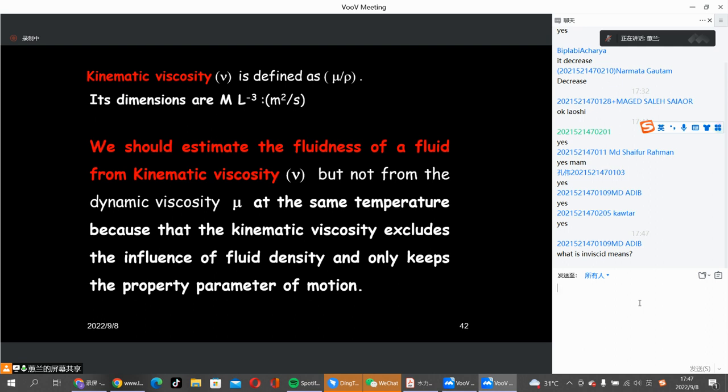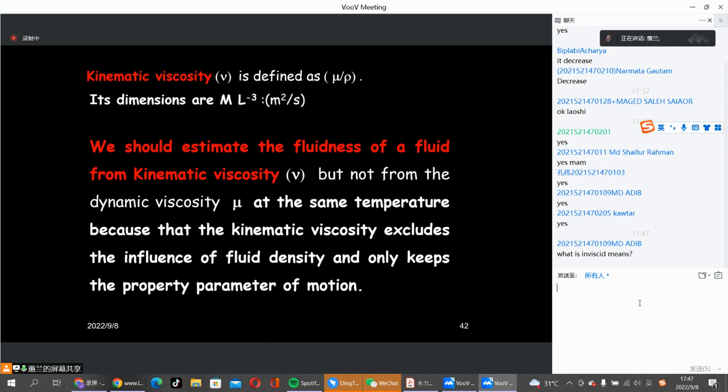For the dynamic viscosity, water is larger than air. However, if we use the kinematic viscosity, the dynamic viscosity divided by the density, the kinematic viscosity of water will be smaller than air.